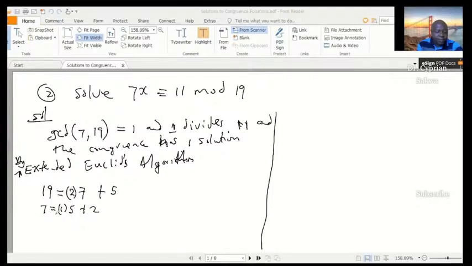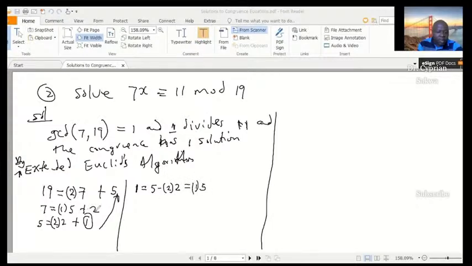Then 2 into 5 will be twice, and the remainder will be 1. That is enough. Now let's reverse these equations and make this GCD the subject. So 1 from this bottom equation is 5 minus 2 multiplied by 2.